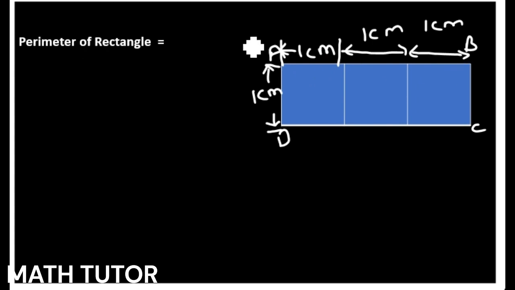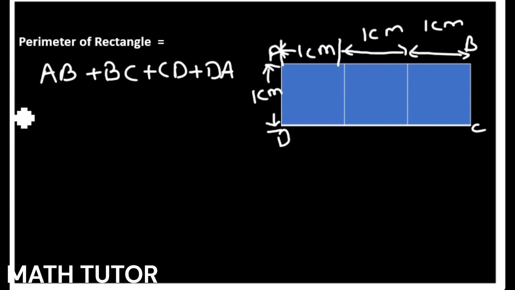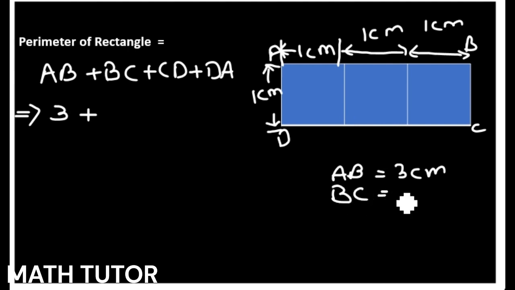Now the perimeter of a rectangle equals the length of side AB plus BC plus CD plus DA. That means the length of side AB is 3 centimeters. The length of side BC is 1 centimeter. The length of side CD is again 3 centimeters.